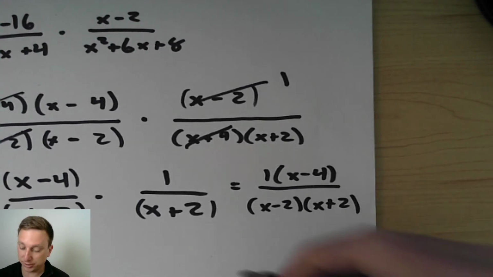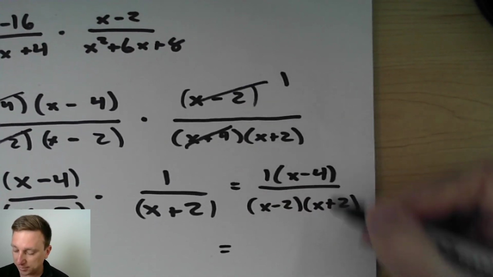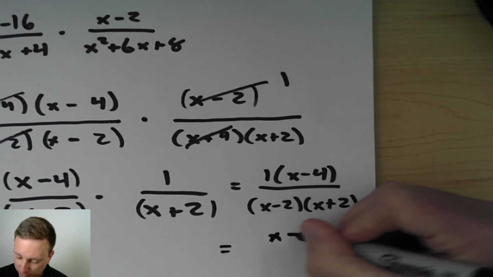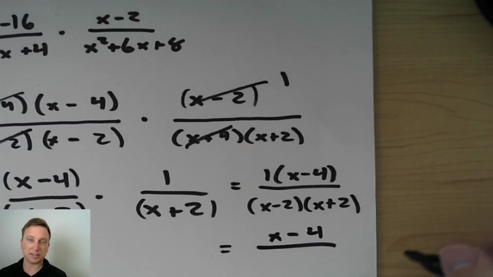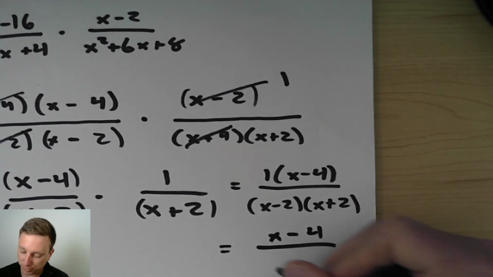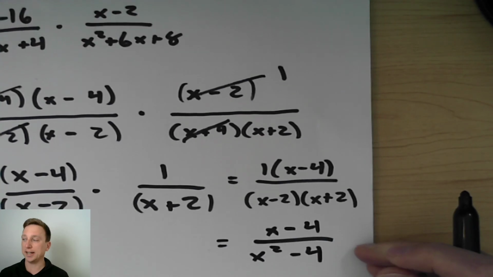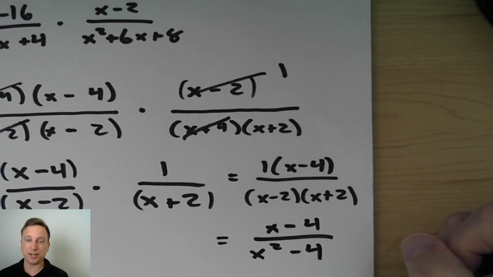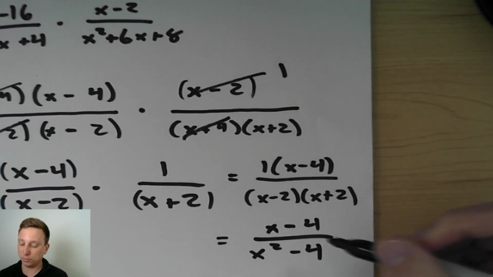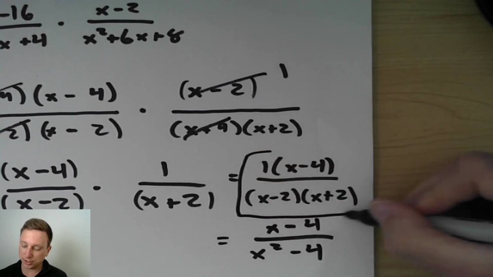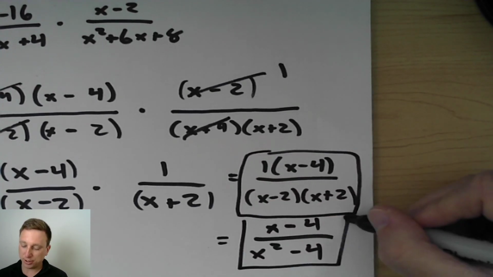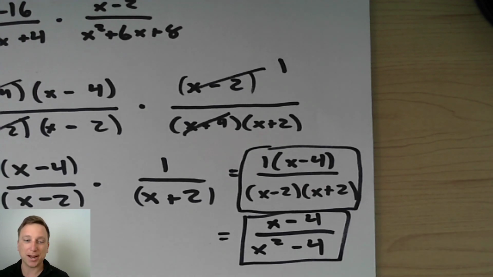So if we really want to take this all the way, 1 times x minus 4 is x minus 4. X minus 2 times x plus 2 is a difference of two perfect squares, so it's x squared minus 4, and we're done at that step. So either of these will be okay, it just depends how far we want to take it and what we'd like to do with it. This shows all the factors, this shows the polynomials multiplied out. So there we have it, number 3.